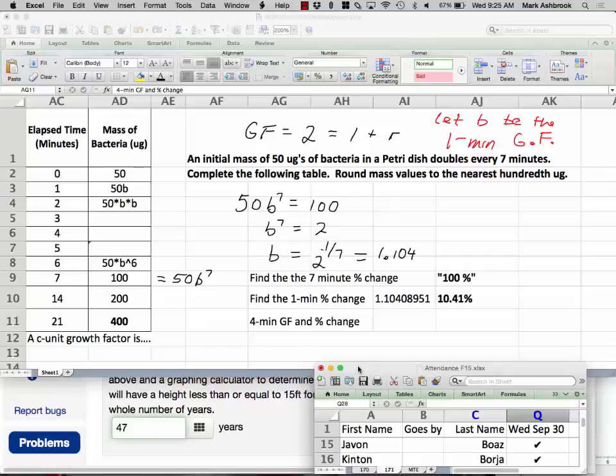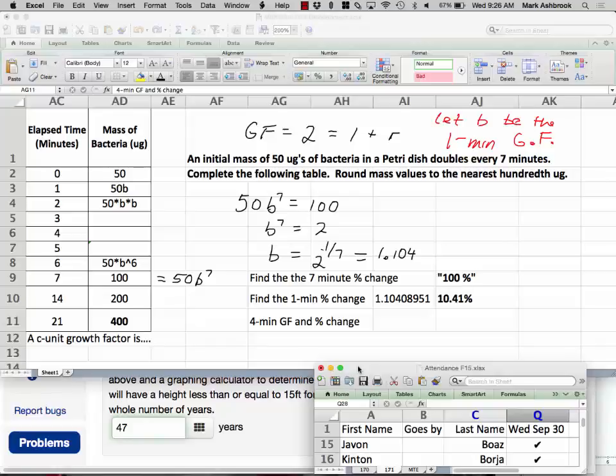So I plugged in 4 times, so basically I did 50 times 1.1042, 4 times, which gave me 74.275. And then I subtracted that from 50, which got me an increase of 38.14%. Okay, so you did the percent change first.